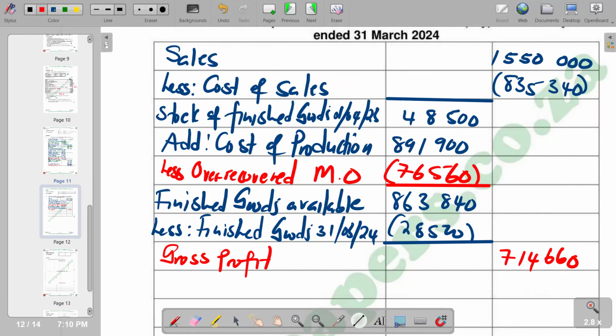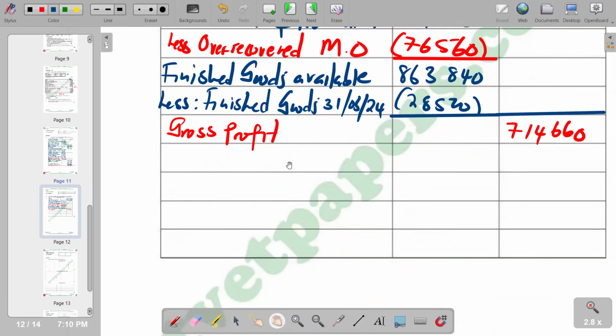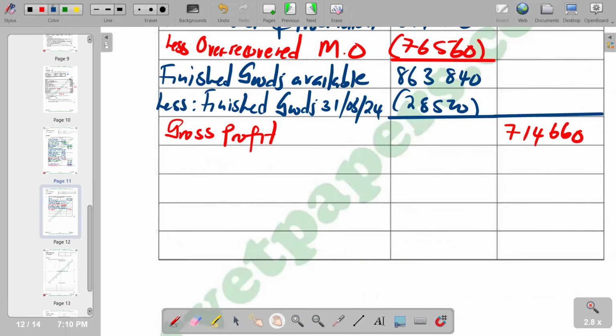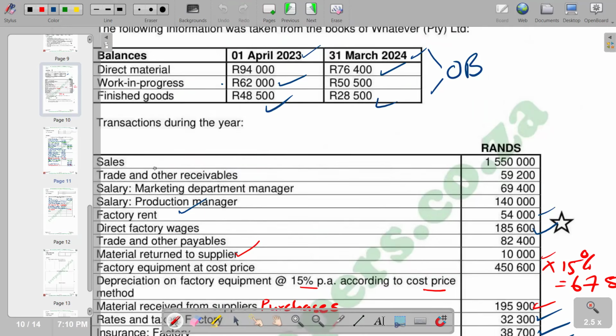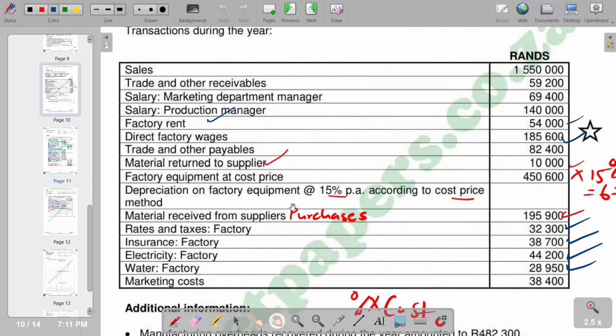So after gross profit, we are supposed to less any expenses that we see in the question. We check in terms of other expenses that are not production expenses. Of course, we have salary marketing department manager 69,400.